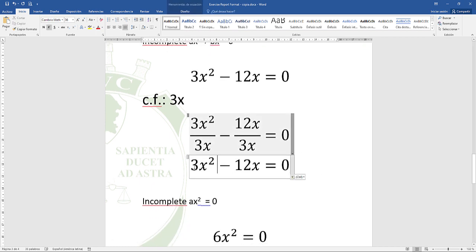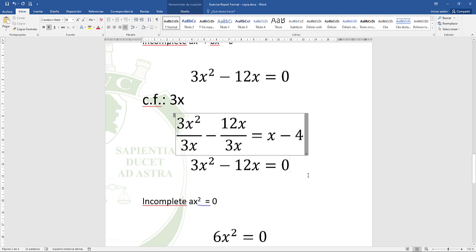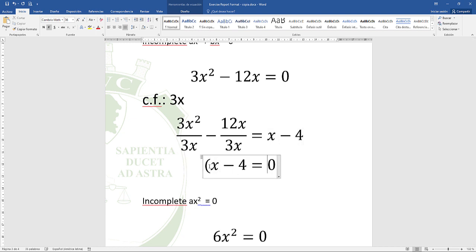The result of that division will be x minus 4. The factorization will be the result of that division multiplied by the common factor.